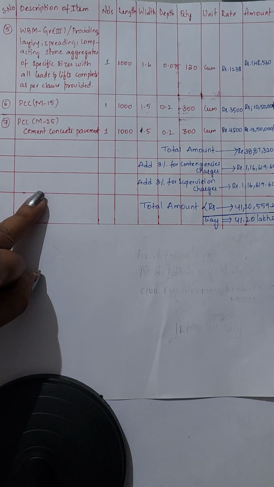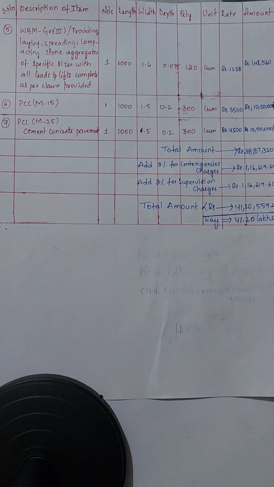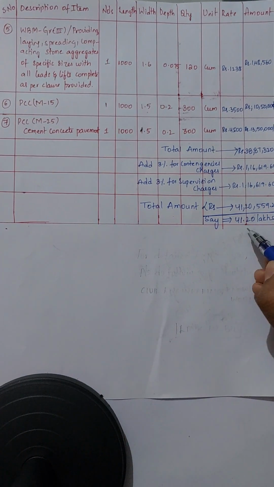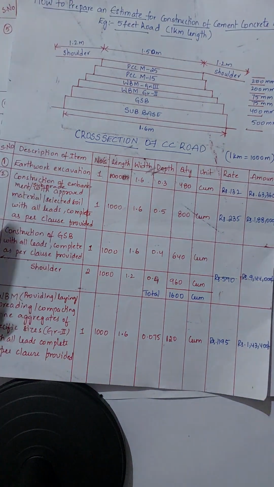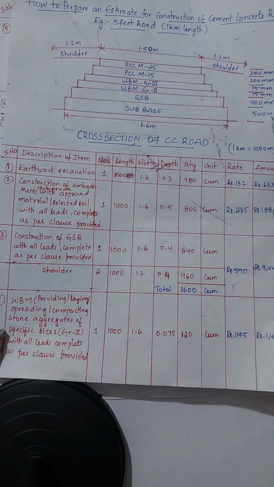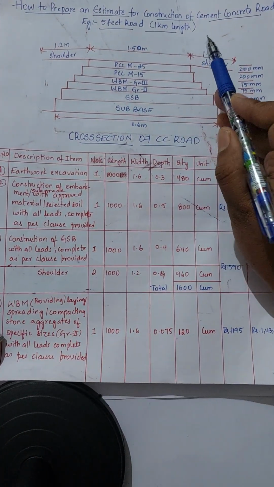After adding all these three, we get 41,20,549.20, which we can simply say is 41.2 lakhs. So 41.2 lakhs is required for the preparation of this cement concrete road as per these dimensions for a 5 feet road of 1 kilometer length.